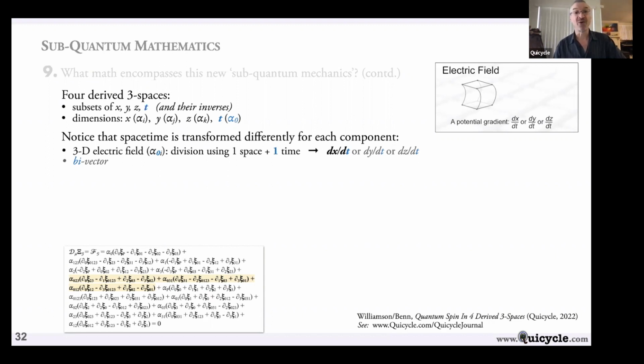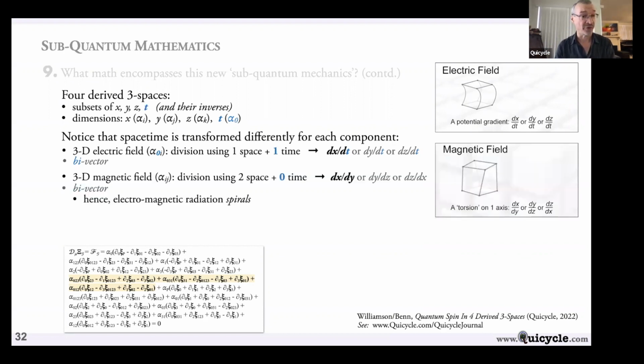It's alpha 0 I. It uses alpha 0, which is time, and I, which is one of the X, Y, Z directions, which means that electric field uses one dimension of space and one dimension of time. That gives you a dx by dt, or a dy by dt, or a dz by dt. It's three components of bivector, which makes it three-dimensional. And that is why electric field is a dx by dt. It's a forward motion that it's going to affect a charge by making it move forward.